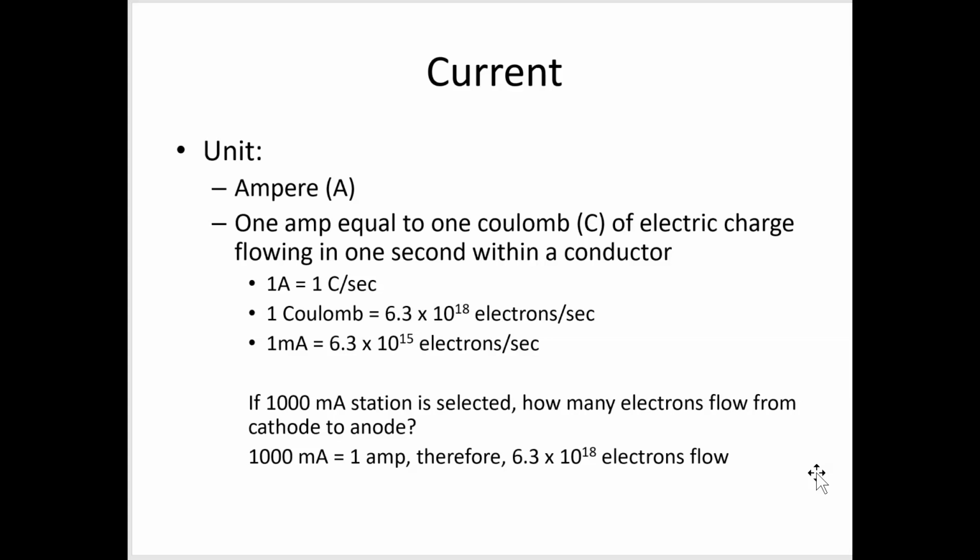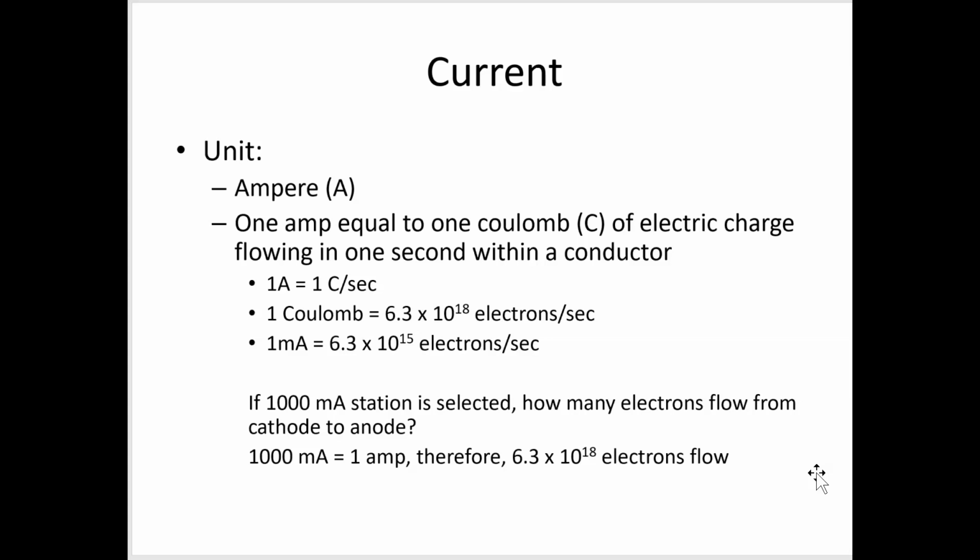And a coulomb is a measurement of a bunch of electrons, a bunch of charges. And if you're talking about current, those charges are moving. So you would say 1 ampere is equal to 1 coulomb per second. 1 coulomb is 6.3 times 10 to the 18th electrons per second. And 1 milliamp is 6.3 times 10 to the 15th electrons per second.